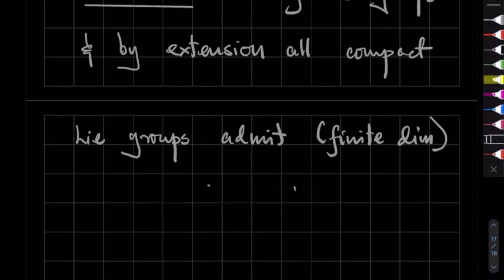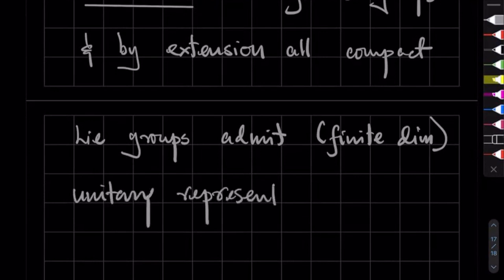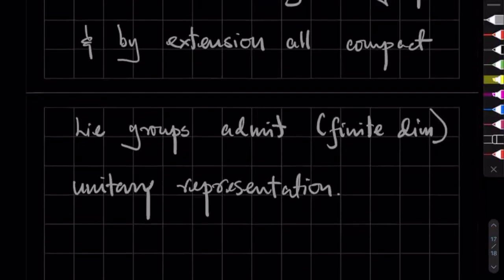Finite dimensional unitary representations. So what do I mean by that? What I mean is that the matrices representing these groups must be unitary matrices. Okay?